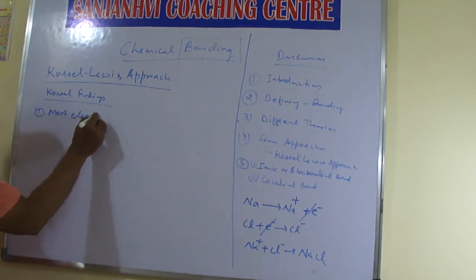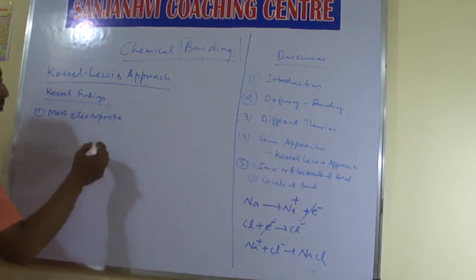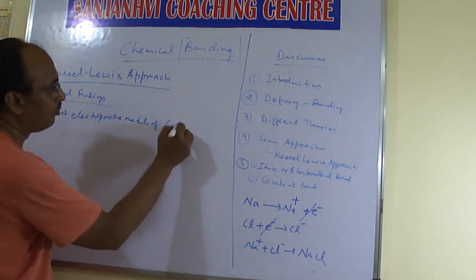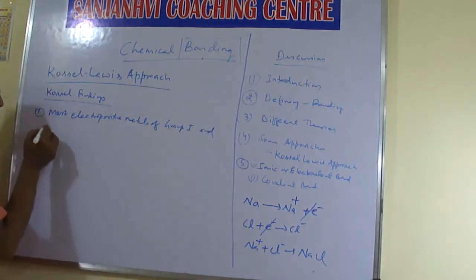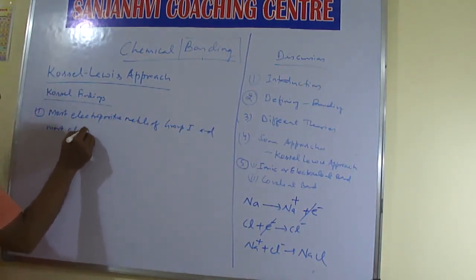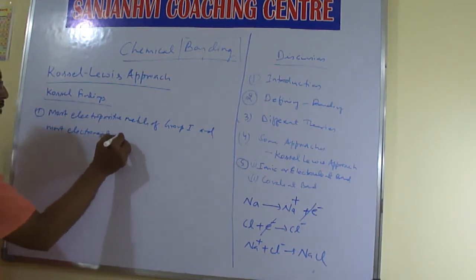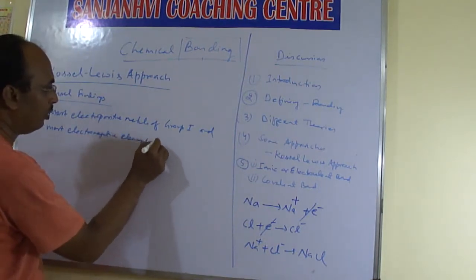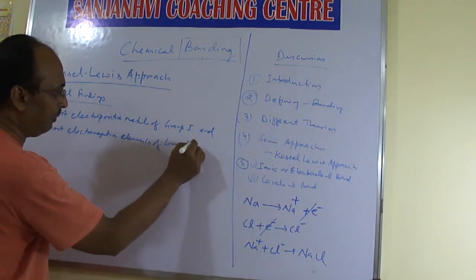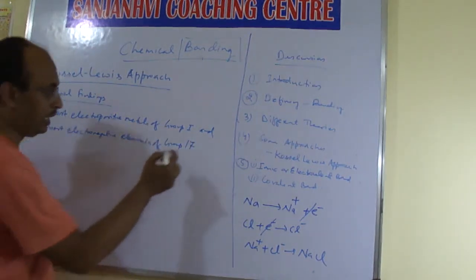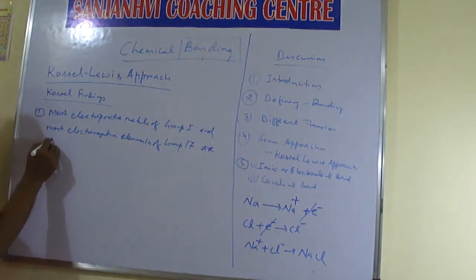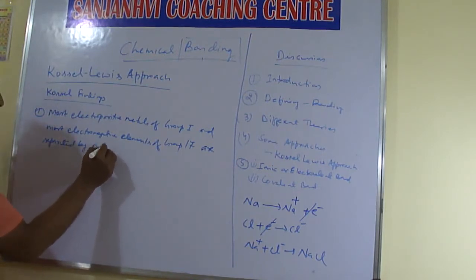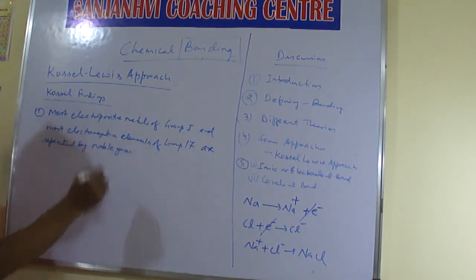So this particular part in a sentence we will write: most electropositive metals of group 1 and most electronegative elements of group 17 are separated by noble gases.